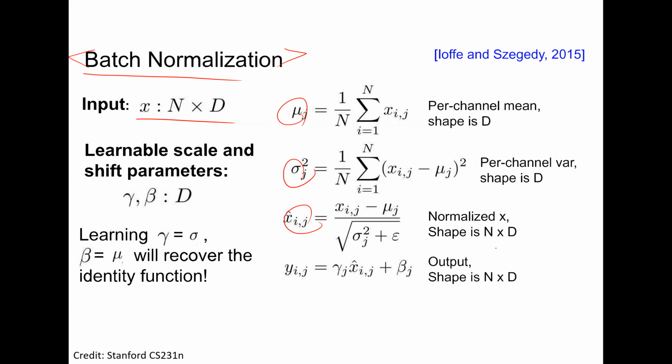And sometimes the network might not work best with zero mean and unit variance. To handle this case, we employ extra parameters, gamma and beta, so that the distribution might be different from zero mean and unit variance.